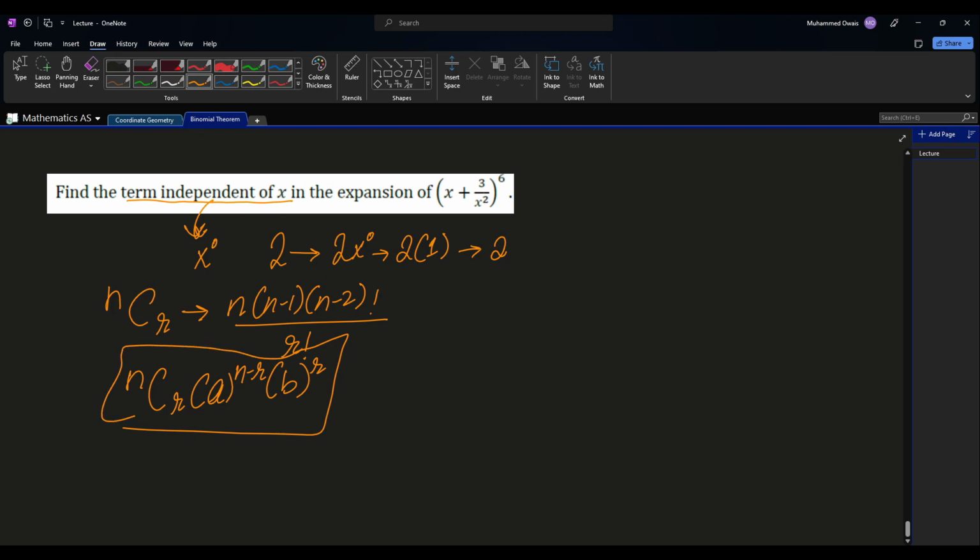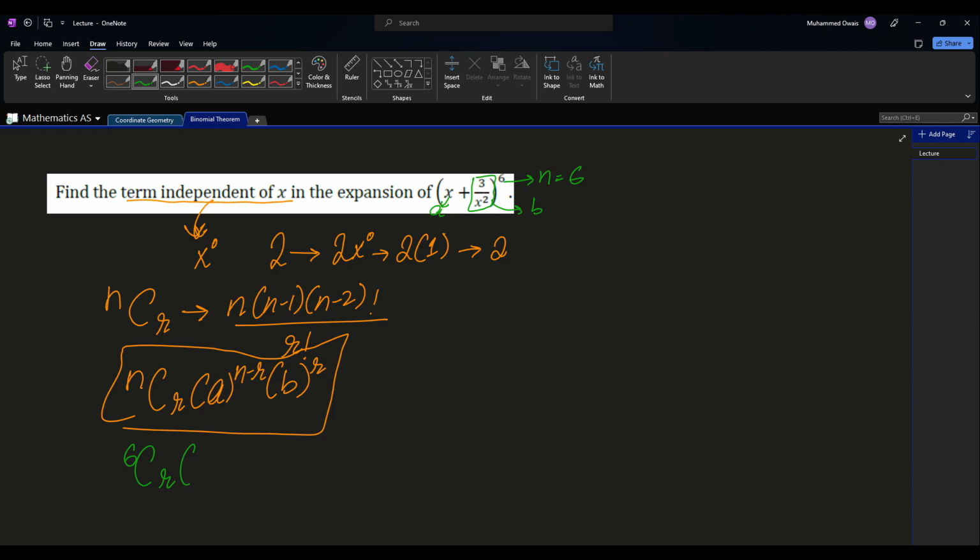So here our n is 6, and then our a is x, and then our b is this whole term. So we do not know the r, but we know n, a, and b. So what we need to do is replace these.